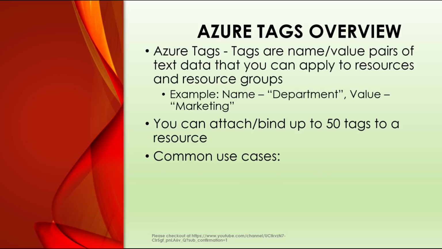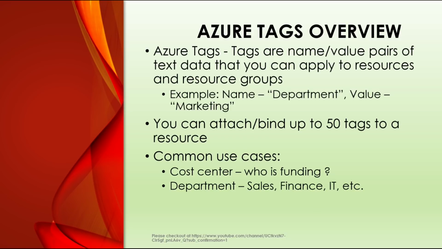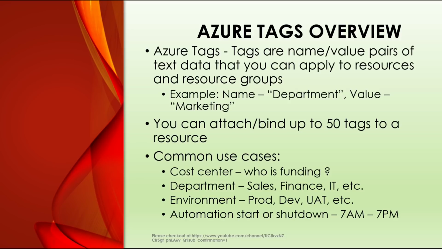And common use cases: cost center. You can tag all these resources with particular cost centers so that you can bill them accordingly. And you can use tags to distinguish the resource with respect to department, or a particular environment, or if you want to automate a few things, right?